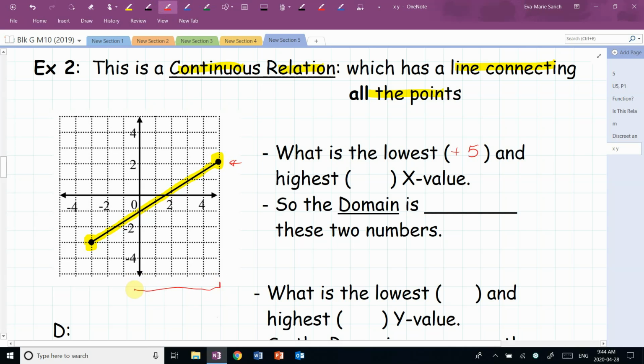And our lowest value is over here on the left side, which is -3. And the x values, because they're all joined, are between those two numbers.